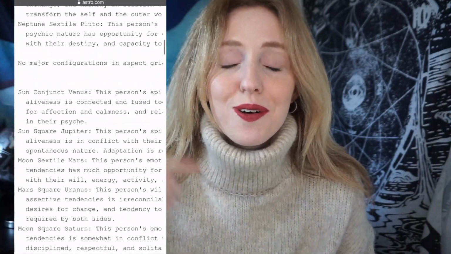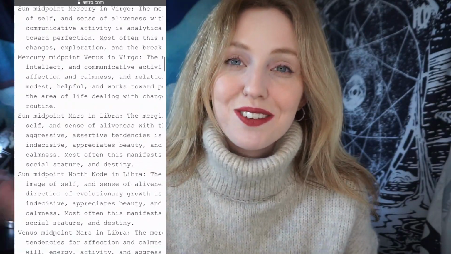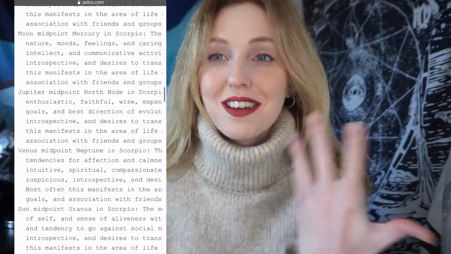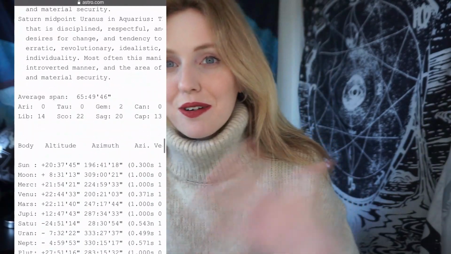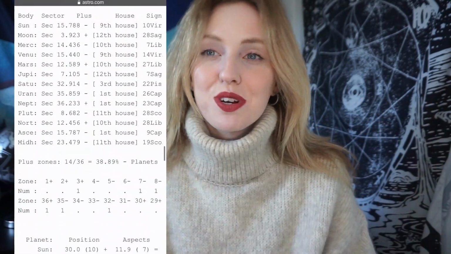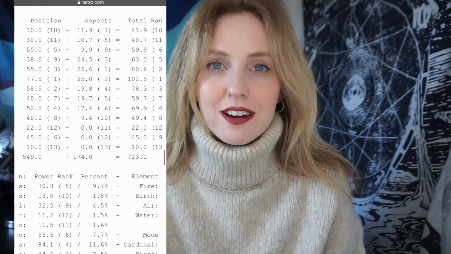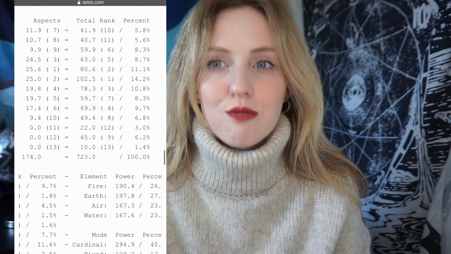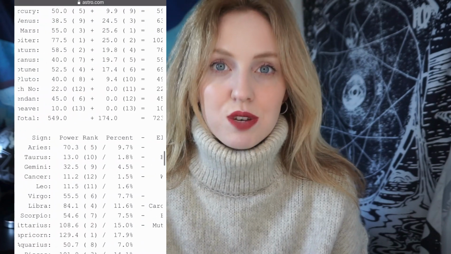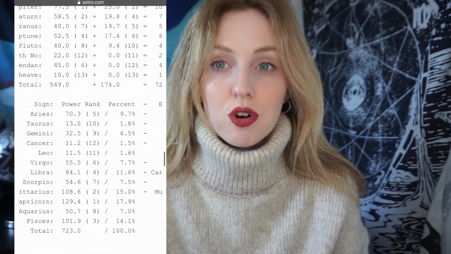Then what you gotta do is scroll all the way down until you reach this section that I am showing you. Of course, it's going to turn up differently on your phone in comparison to the computer, but just scroll down to this section. So this right here is going to show you the ranking positions of your dominant signs and planets. This section will also show your strongest element and modality.